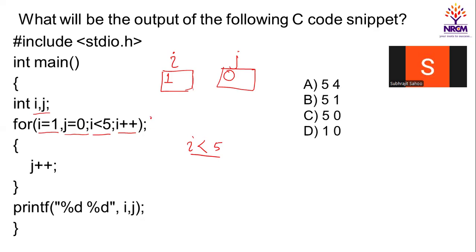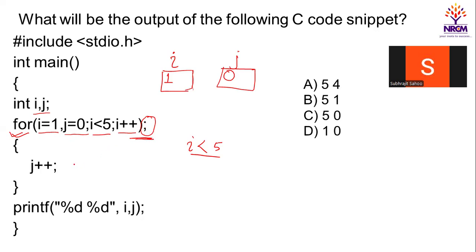But unfortunately, observe here a semicolon is there. If a semicolon is there, then remember the for loop starts and ends in this line only, because the semicolon statement terminator is there.